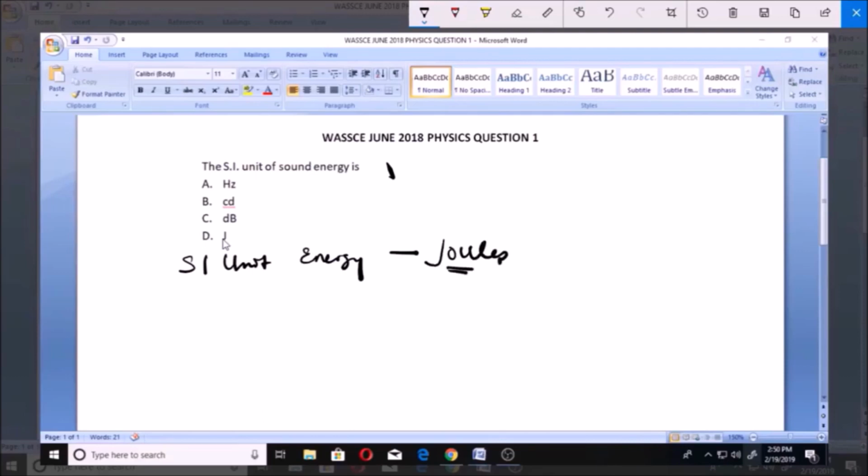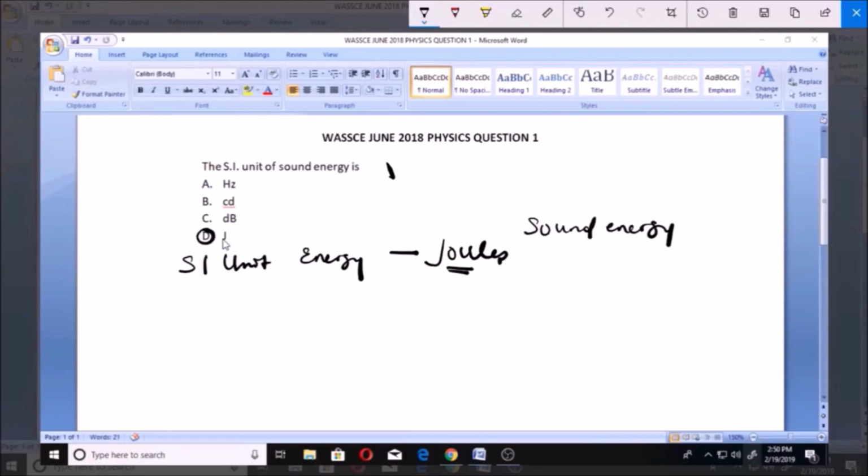Since sound energy is a form of energy, the SI unit for sound energy is joules, and that makes D the answer.